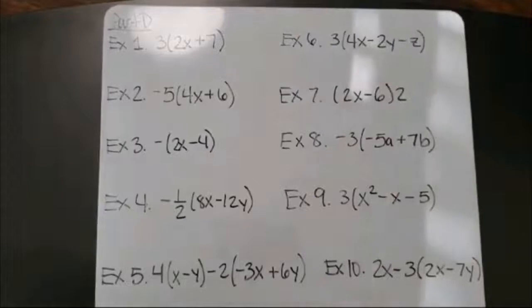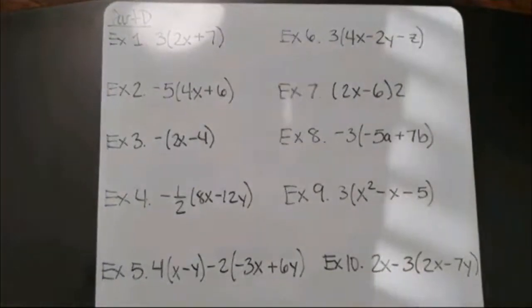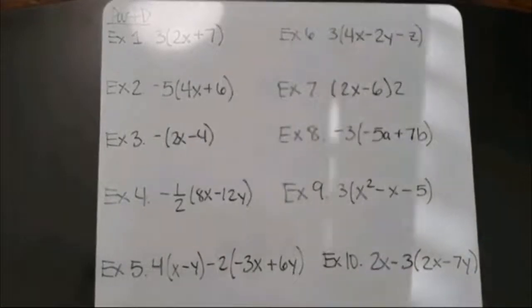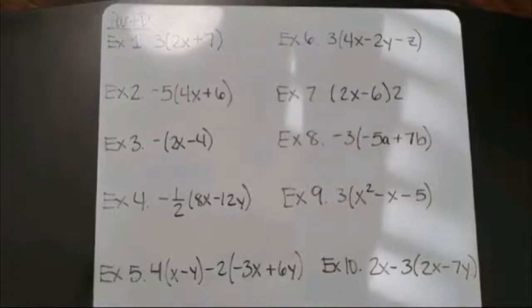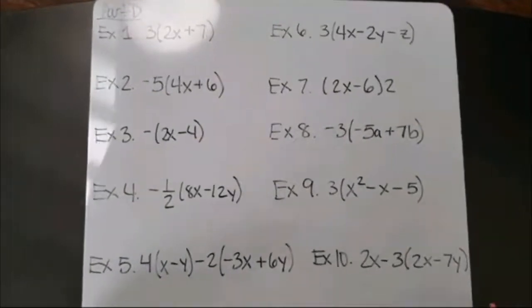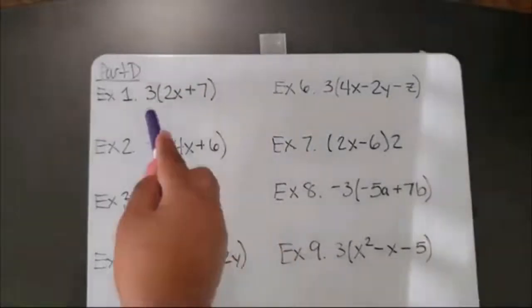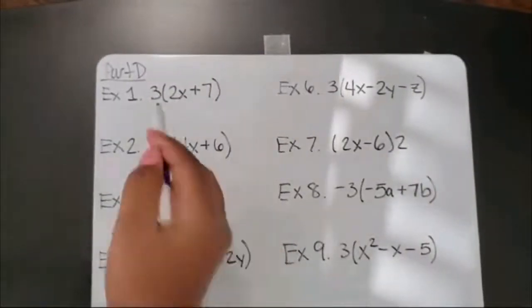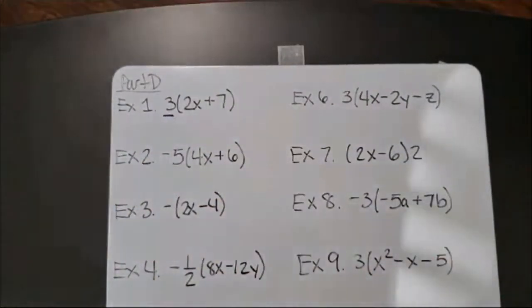So for part D, we are simplifying variable expressions using the distributive property. In the information that you're going to read, you're going to see that with the distributive property, we have some terms inside of a group of parentheses, and we have a number out in front that we are going to multiply into that group of parentheses.